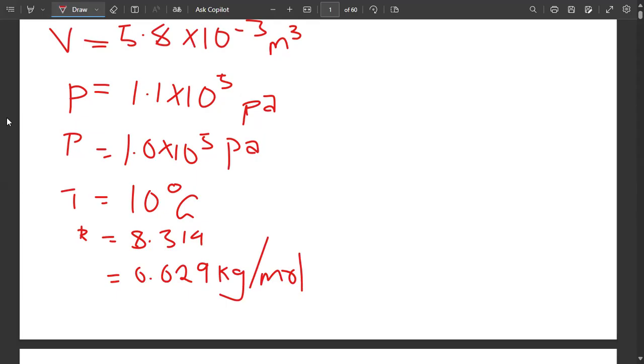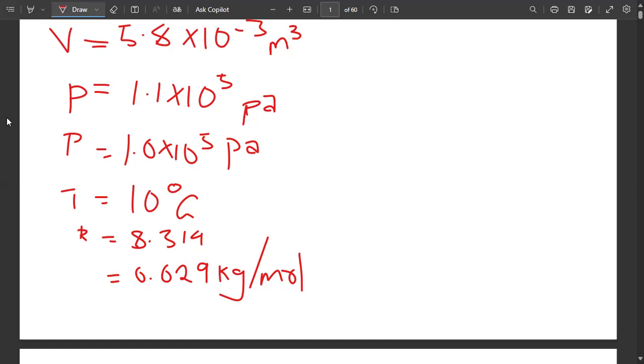So this is what they've given us. What can we do in order to start calculating first? Let's convert this temperature into Kelvin. We're just going to add 273.15.